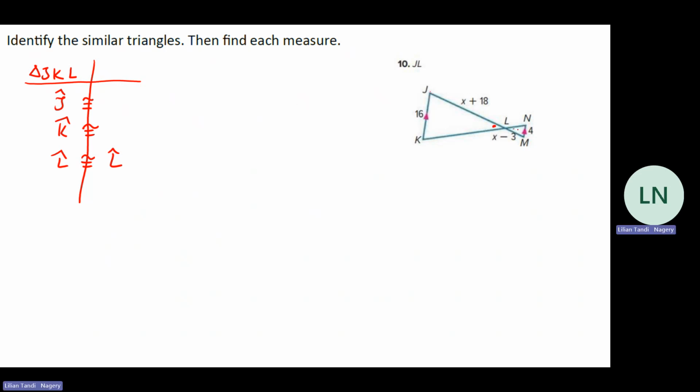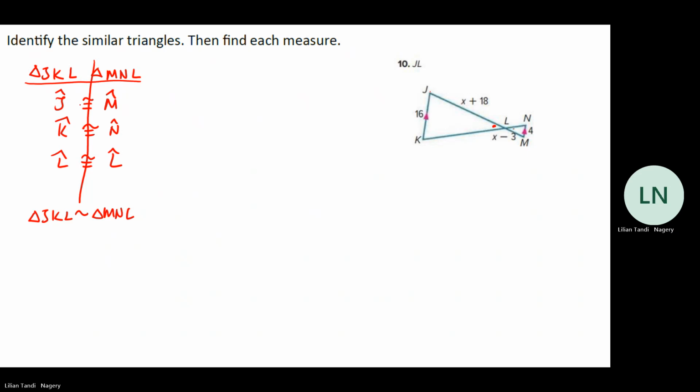So now J and M are on the same line. So J is with M and K is with N. Okay. So like that. So triangle MNL. So they're similar. So you're going to say triangle JKL is similar to triangle MNL. Then write your corresponding sides.